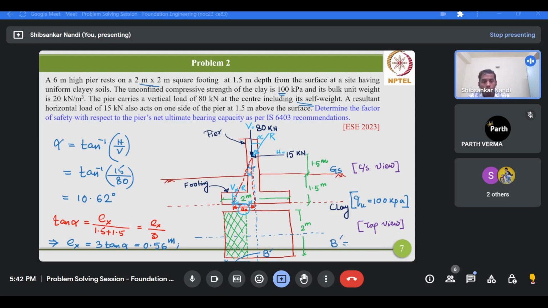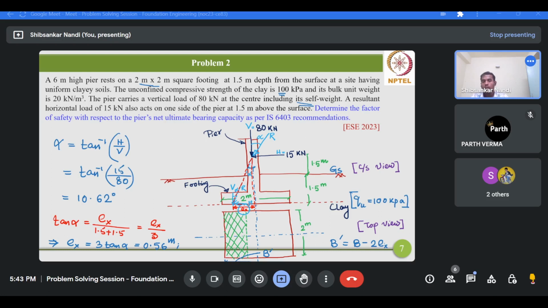B prime would be the original width minus 2 times the eccentricity in that direction. So it's all about the eccentricity in one direction. If eccentricity prevails in both directions, along the breadth and along the length, then you have to modify the length as well: L prime is L minus 2 times ey, if the eccentricity along the length direction is ey.